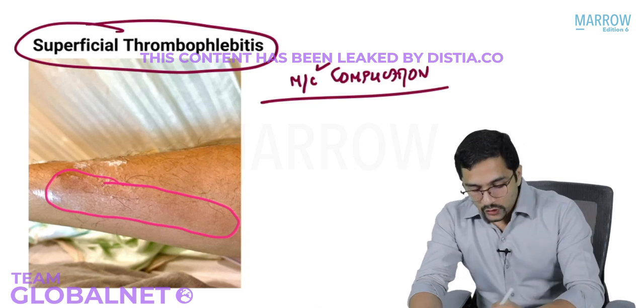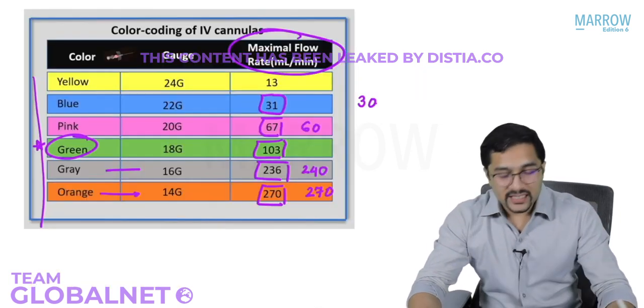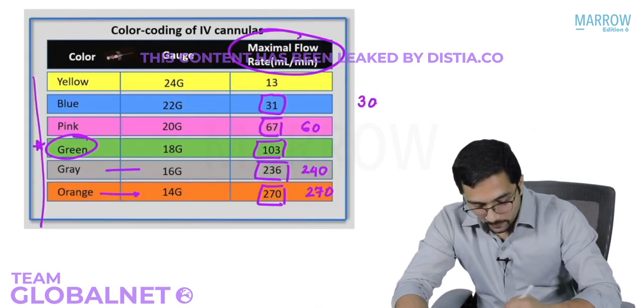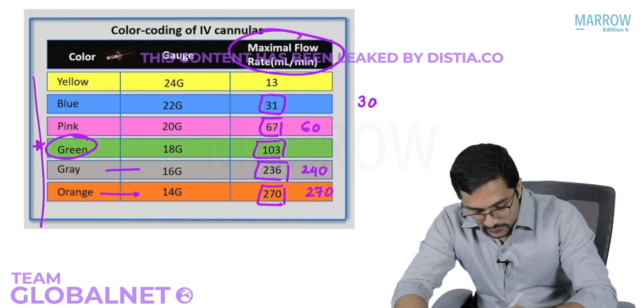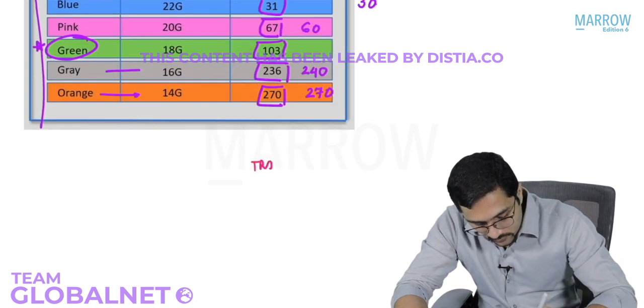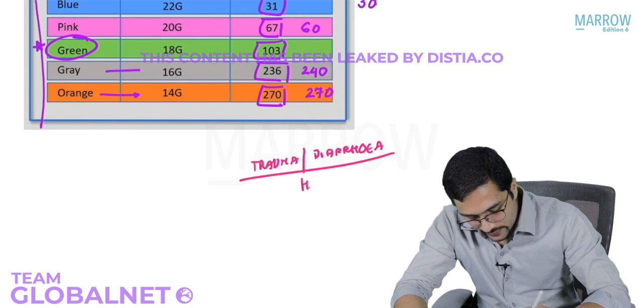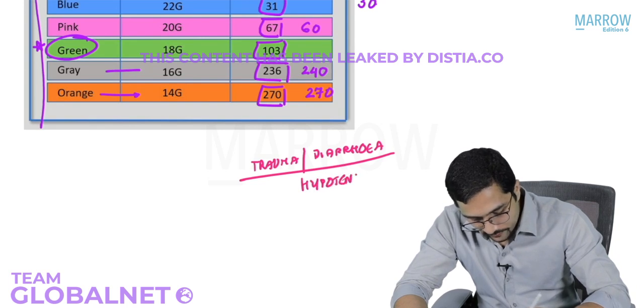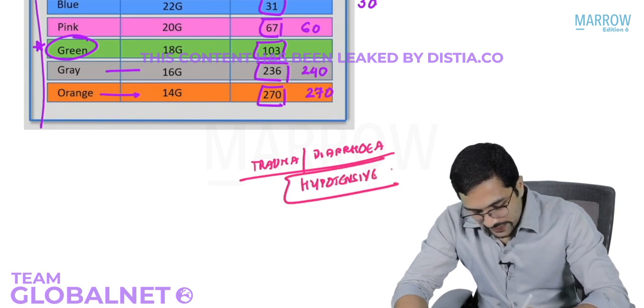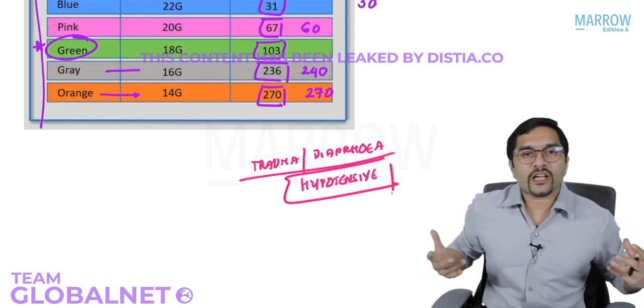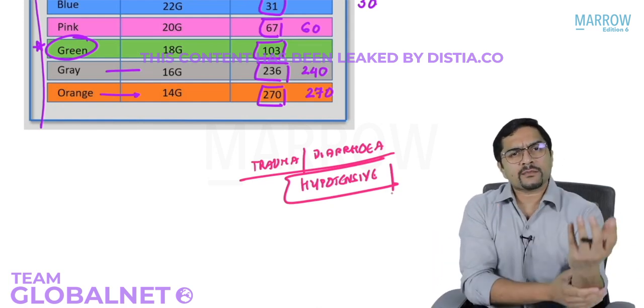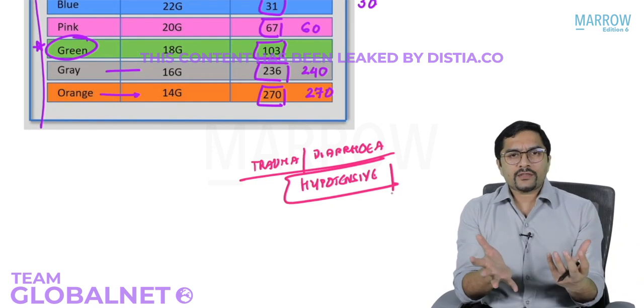Now, like I told you, if you get a question in the exam where you get a trauma patient, or you get a patient after diarrhea who is hypotensive, right? This patient is hypotensive. Now, if the patient is hypotensive, do you have to give fluids quickly or will you give them slowly? Of course, you'll give them quickly, right?